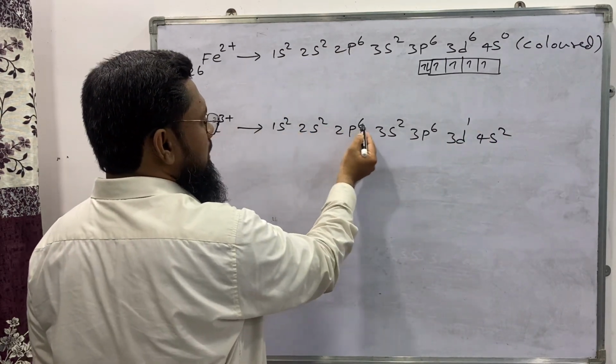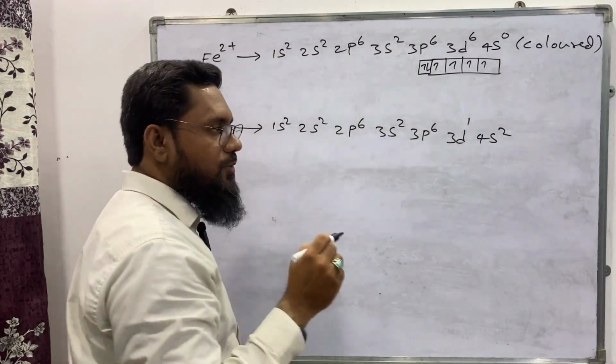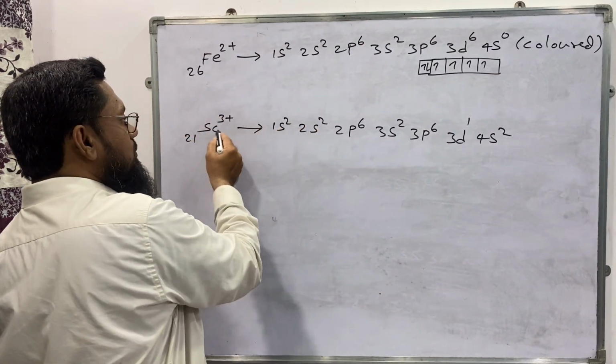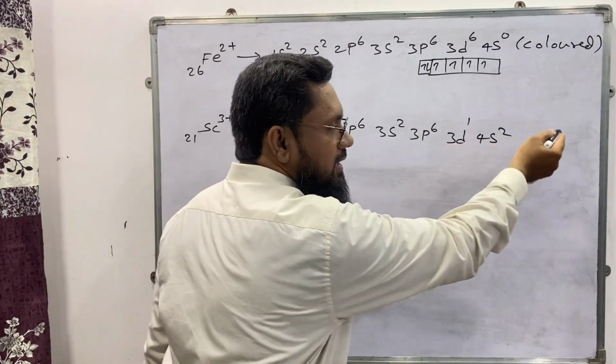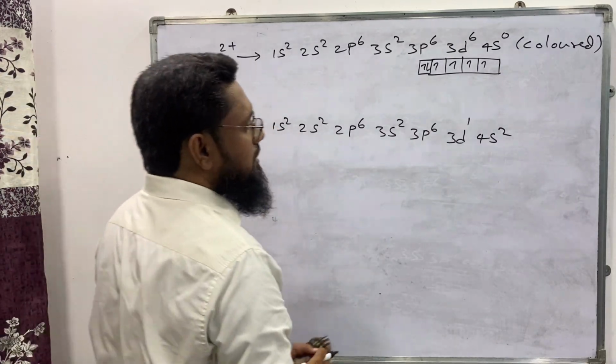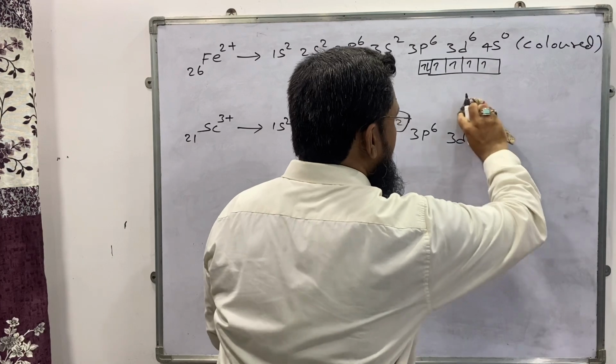So it is 2, 4, 10, 12, 18, 20, 20 plus 1, 21. Again, according to Aufbau principle, 4s should come first, but as we have to remove the electrons, I am writing the last orbit last. So here we have to remove 3 electrons. We remove the 2 electrons from here, 1 electron from here. So here we don't have any electrons now.